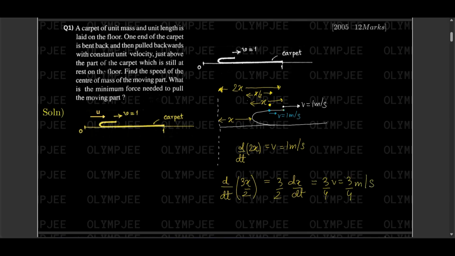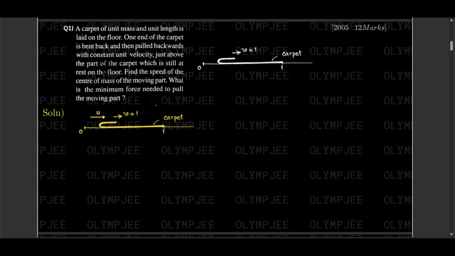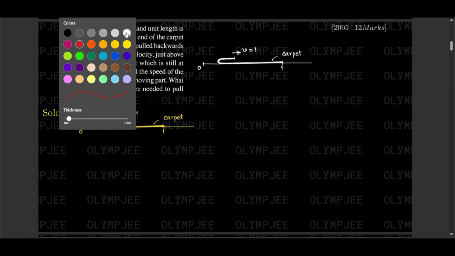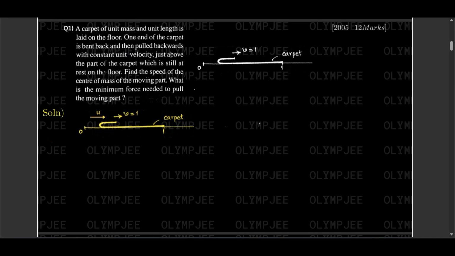Now, many of you might be confused about why we have chosen d by dt of 2x to be v. Earlier I claimed that every material point on the rope will be moving with the same velocity v. This is moving with velocity v, this is moving with velocity v, this is moving with velocity v. But we wrote that d by dt of 2x is equal to v.